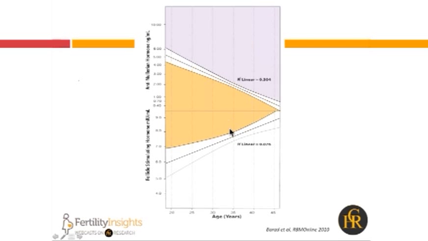So either FSH too high or AMH too low, or obviously both in combination, reflect diminished ovarian reserve.